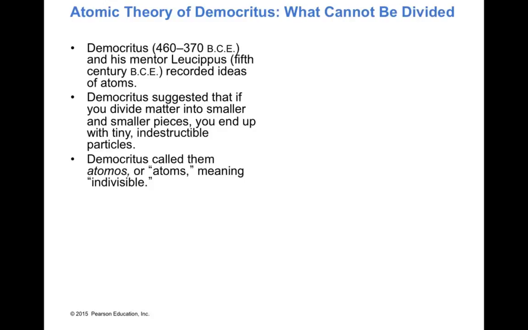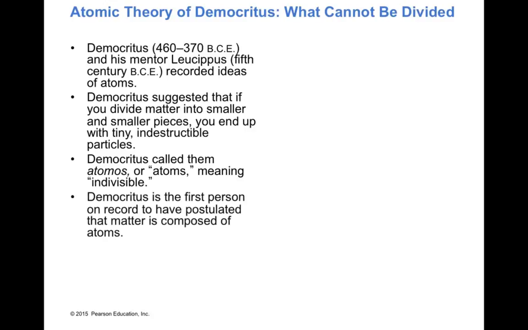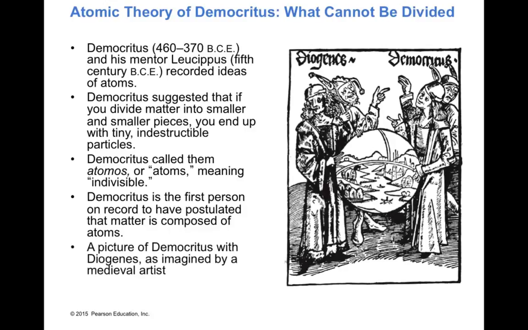Democritus called them atomos, or atoms, meaning indivisible. Democritus is the first person on record to have postulated that matter is composed of atoms. Here we have a picture of Democritus with Diogenes as imagined by a medieval artist.